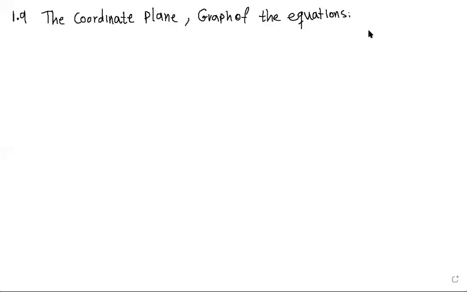So first things, like I said last time, the coordinate plane is two perpendicular real lines that intersect at 0 on each line. This is the first line here, and this is my second line.